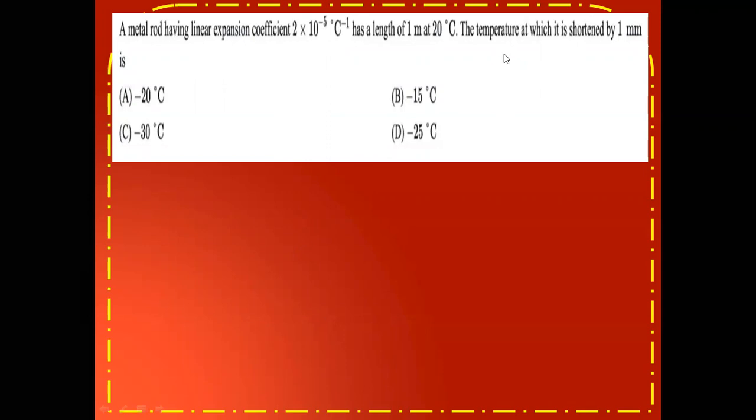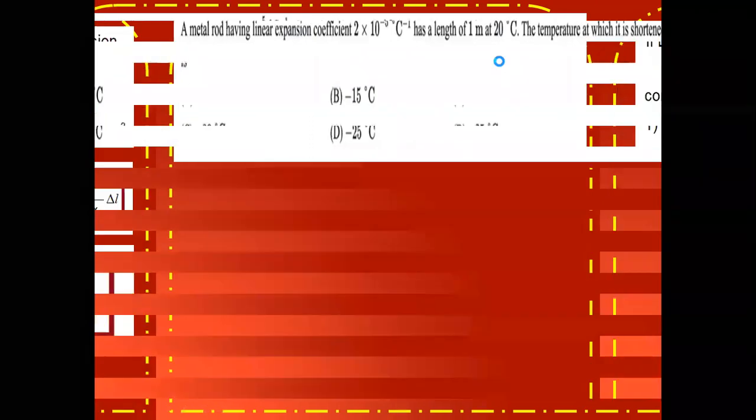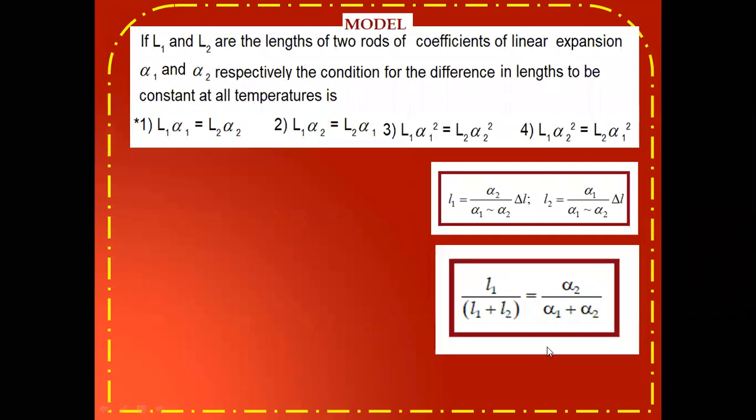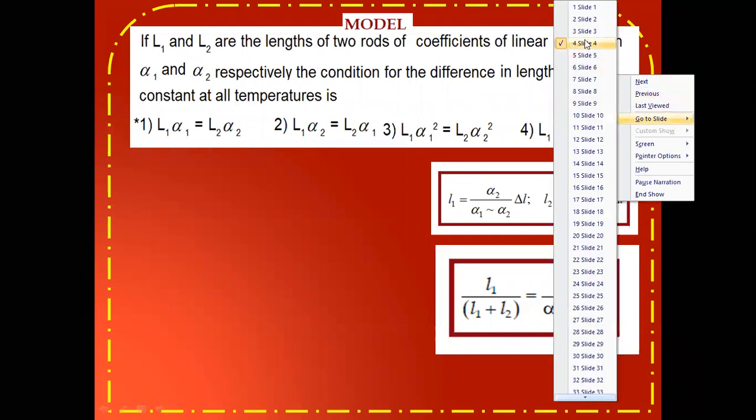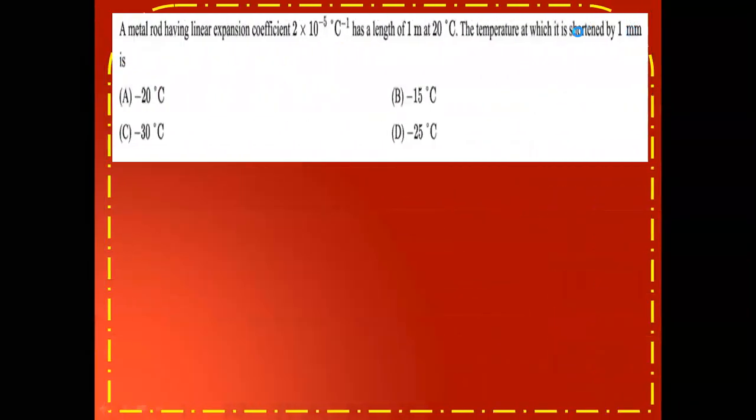So they gave the value of alpha: alpha is equal to 2 into 10 power minus 5 per degree Celsius.